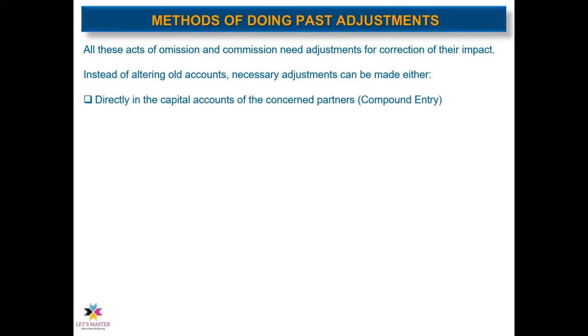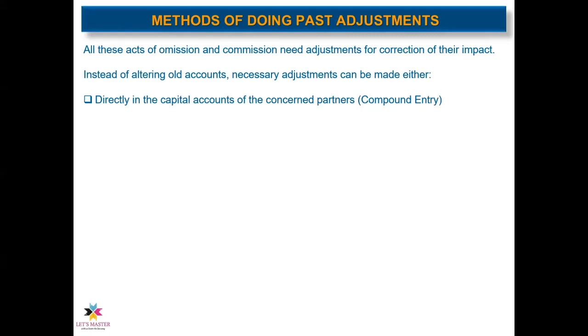The first is directly in the capital account of the concerned partners, because it is not necessary that capital accounts or current accounts of all the partners get impacted by the error. Maybe there are 4 partners. Out of those 4 partners, only accounts of 2 partners are getting impacted.